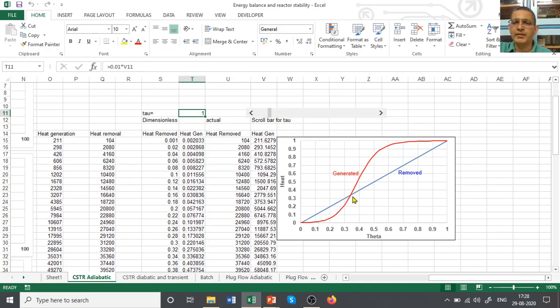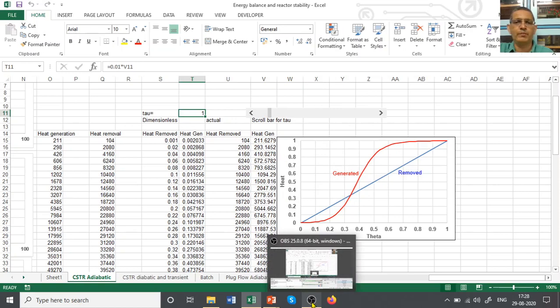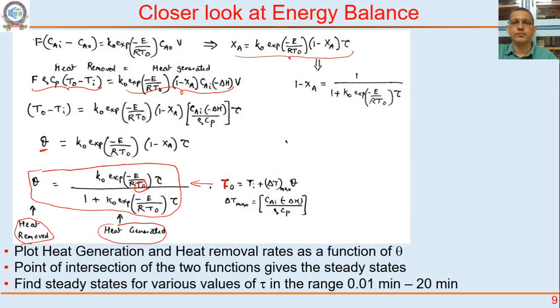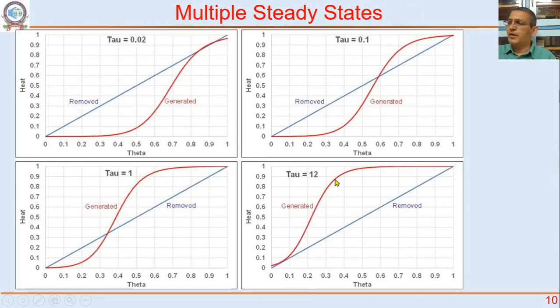Now look at these 3 values of steady state. What I've done is I've taken different values of tau and plotted them. Let me take you back into our PowerPoint. Here are some values.